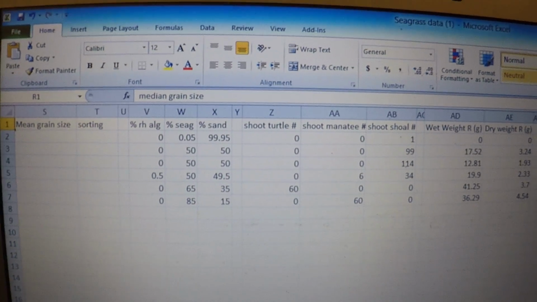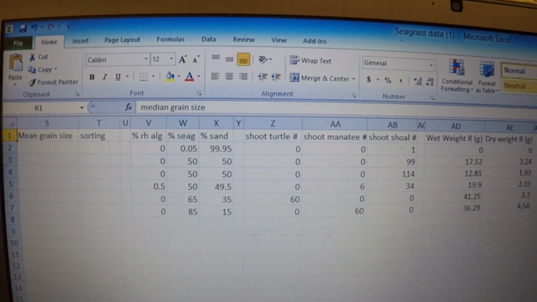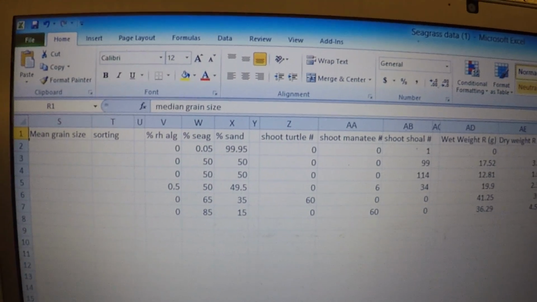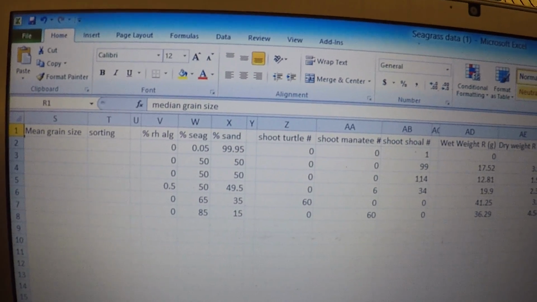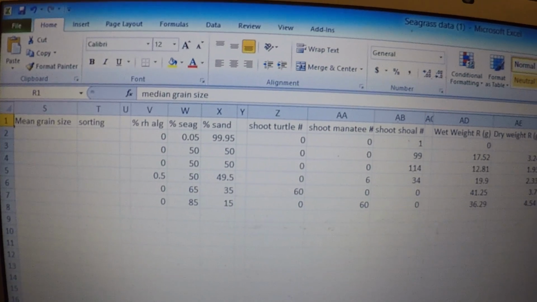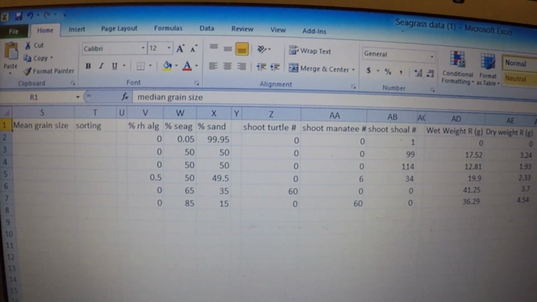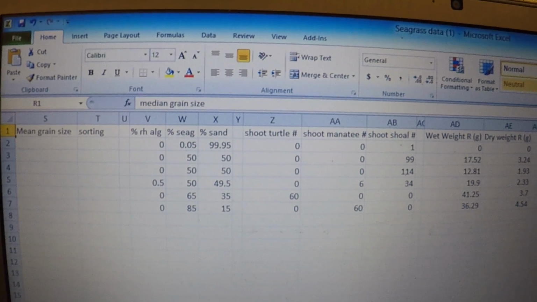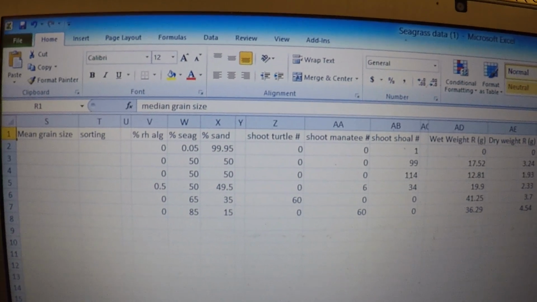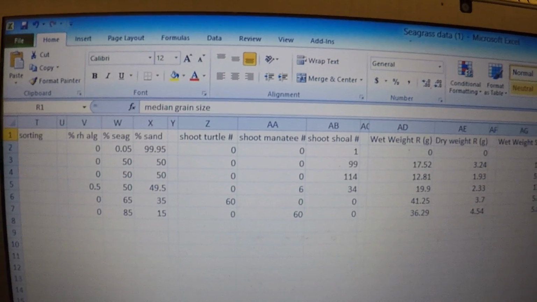Wait. I think I just messed everything up. Like it gave me a new column, but it moved everything over. My data moved over to the left. Median grain size instead of mean. So you're going to have both the median and the mean. No, that's right.